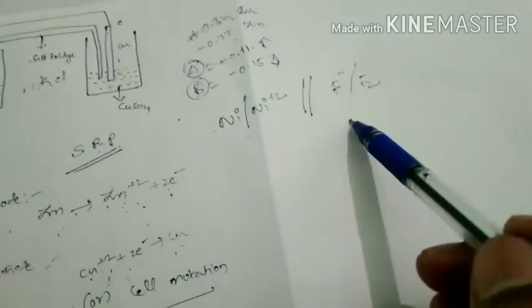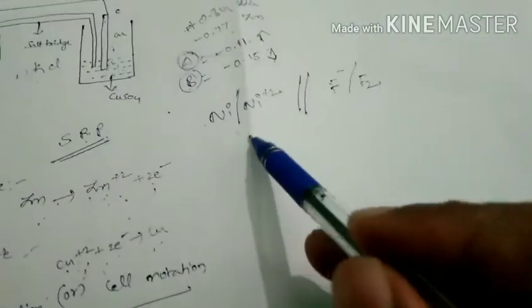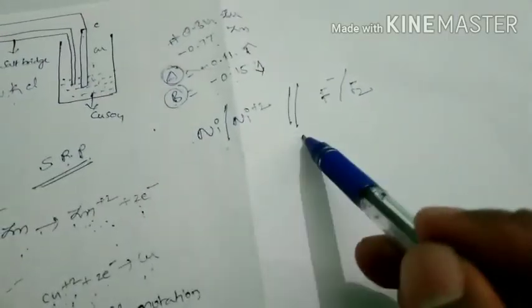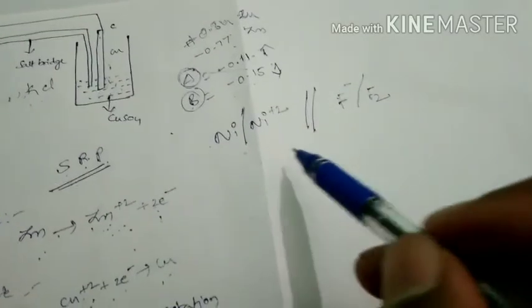Suppose the question is like this. This is called the cell representation. Sometimes the question may be like this.